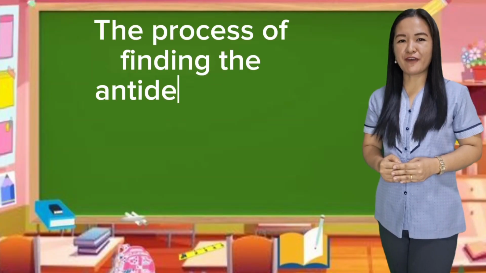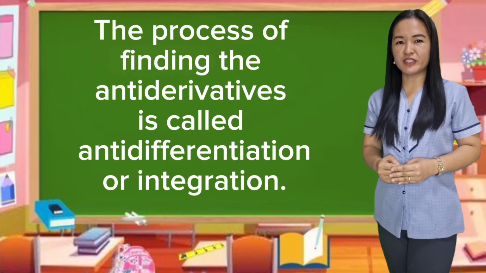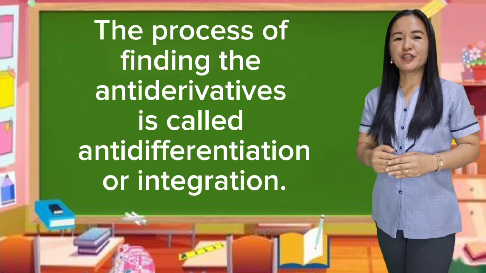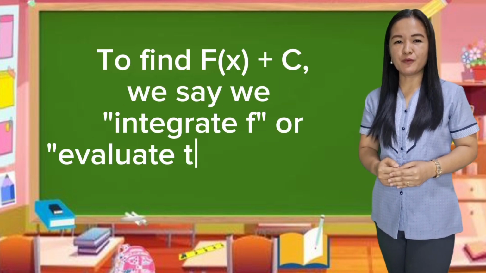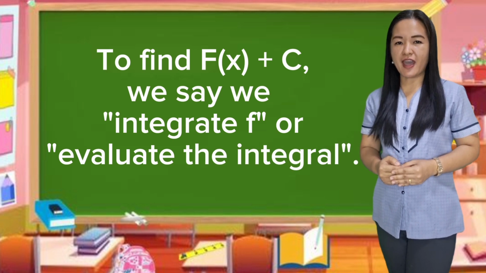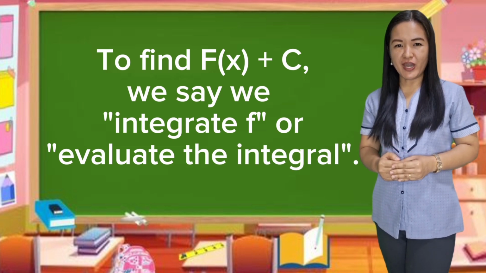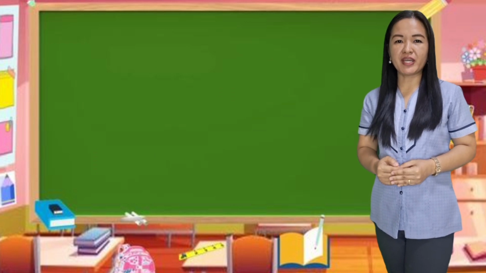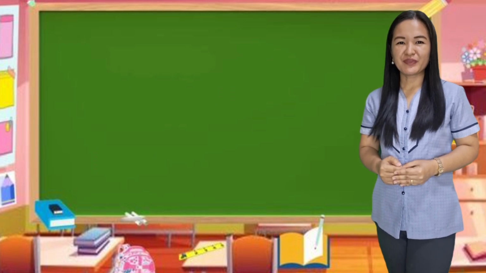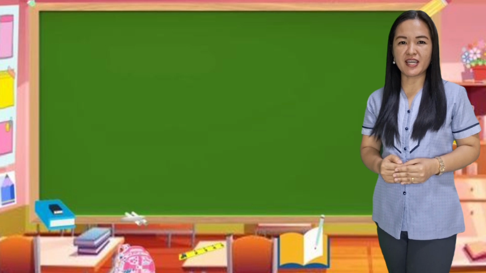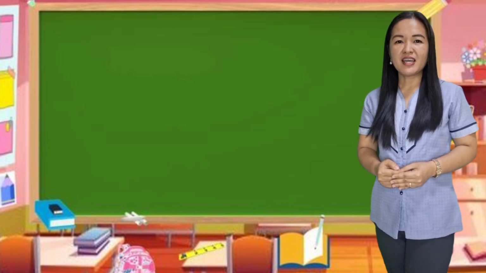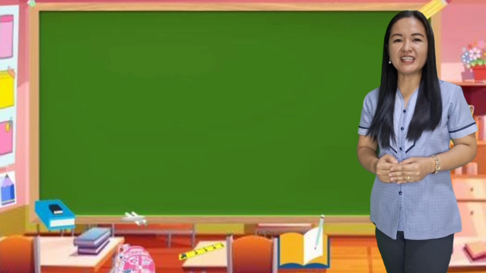The process of finding the antiderivatives is called antidifferentiation or integration. To find F of x plus c, we say we integrate f or evaluate the integral. Most often, we do not write the term indefinite anymore. It is understood that when we say evaluate the integral, it actually means evaluate the indefinite integral.